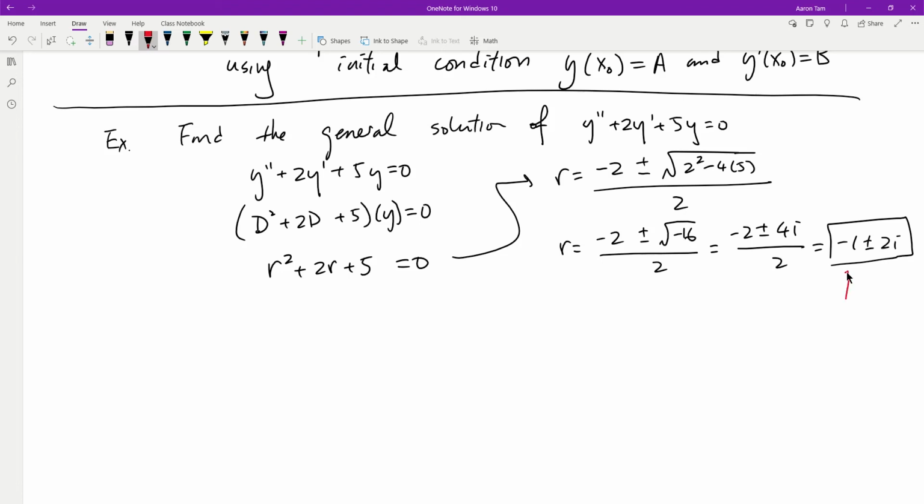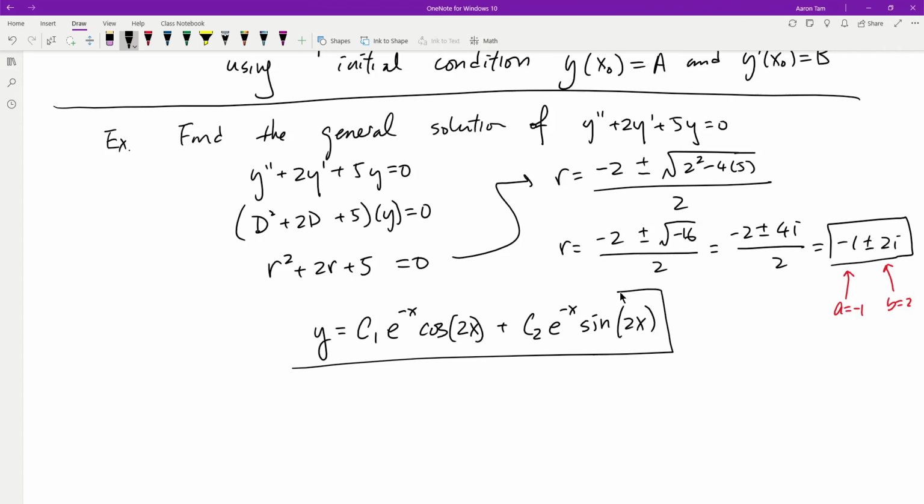So in this scenario, a equals negative 1, b equals 2. So now I'm ready to write out my solution. My solution is y equals c1 e to the ax, which becomes negative x, cosine of bx, which is 2x, plus c2 e to the ax, which is negative x, sine of bx, which is 2x. That forms our solution.